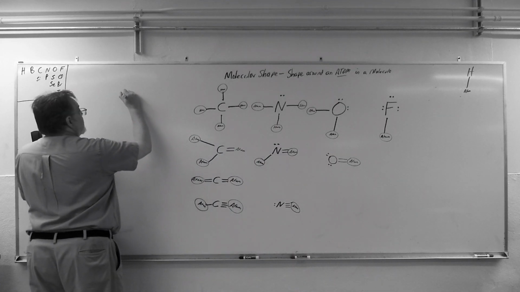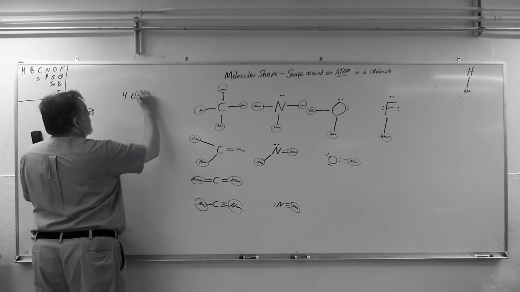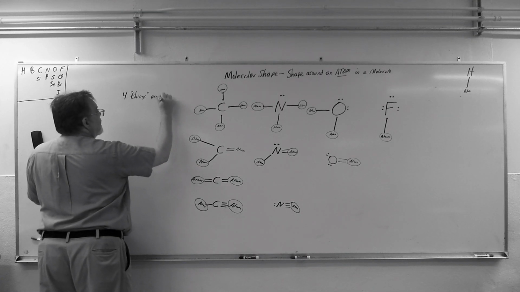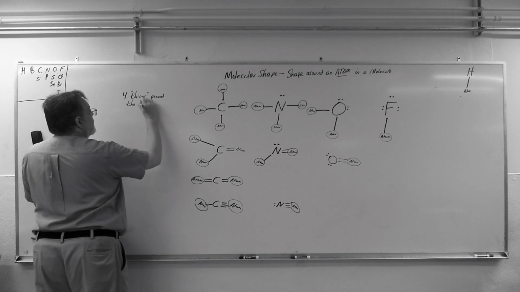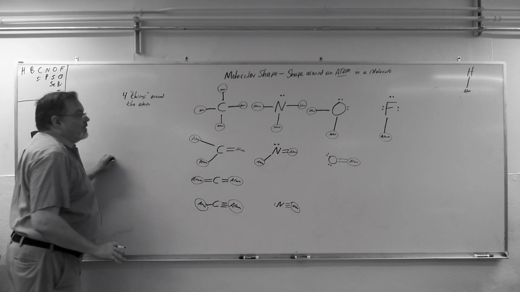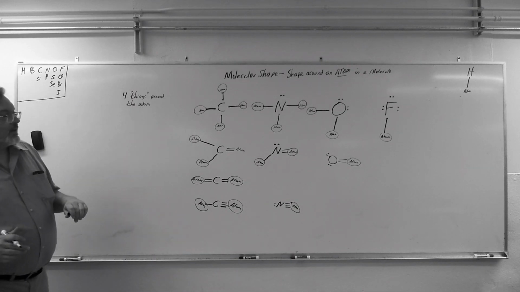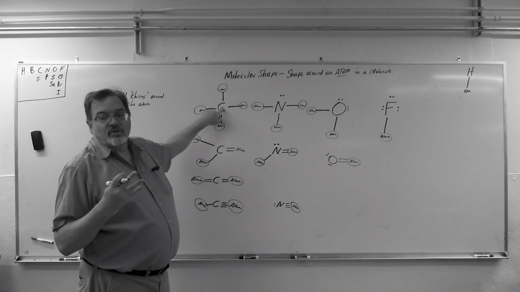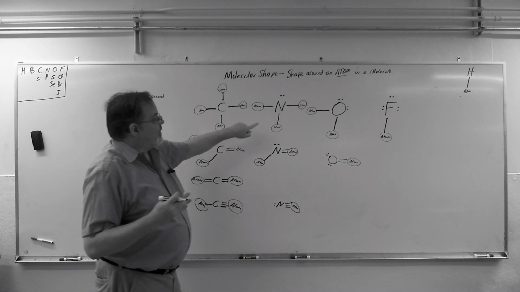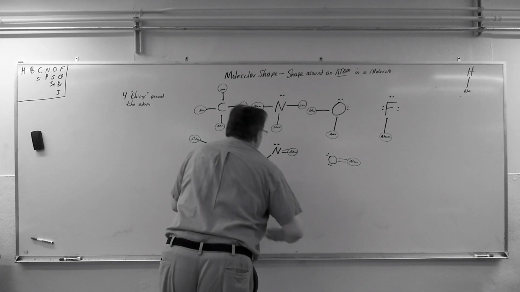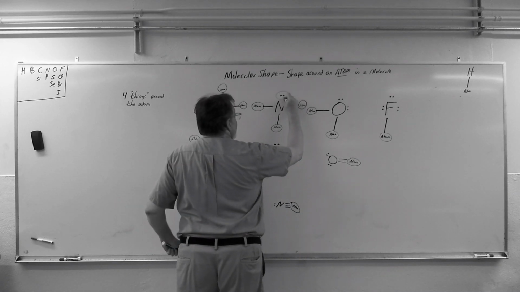For that top row, there are 4. For all of these in the top row, there are 4 things around the atom. Around carbon, the 4 things are all atoms. Around the nitrogen, 3 of the things are atoms and 1 of them is a pair of electrons.